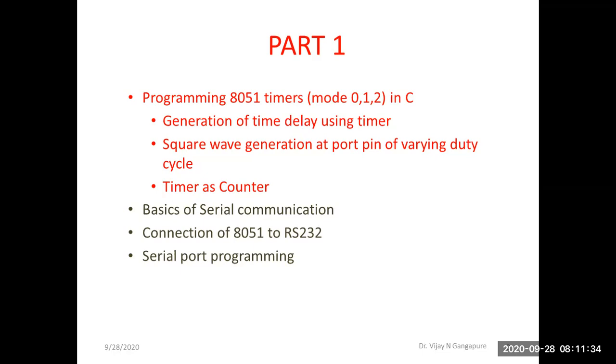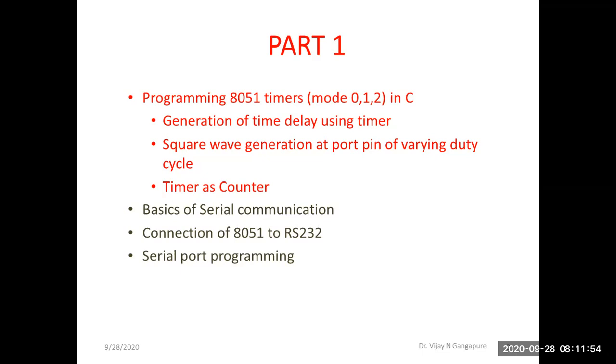Then we saw the formats of this Tmod and Tcon. By using Tmod we can configure timer 0 or timer 1 in 4 modes: mode 0, mode 1, mode 2, and mode 3.